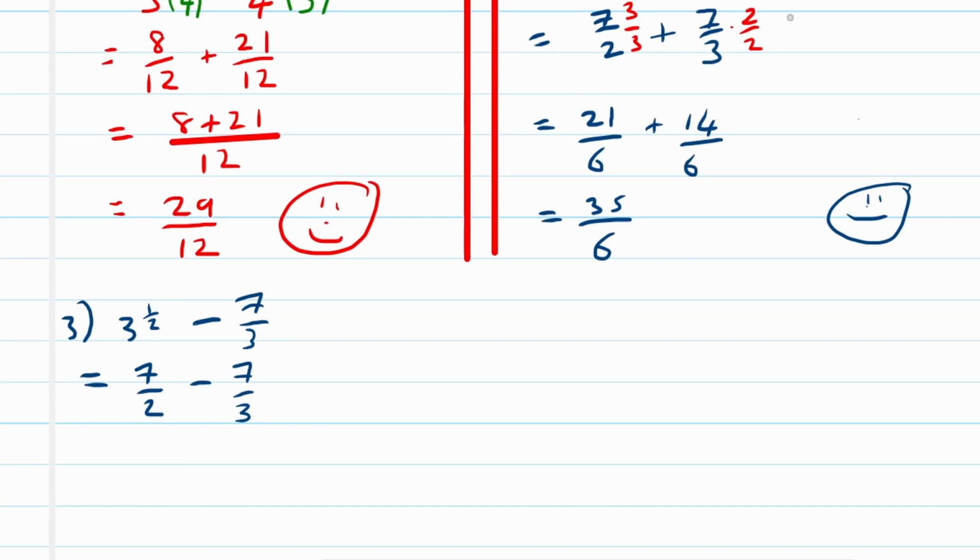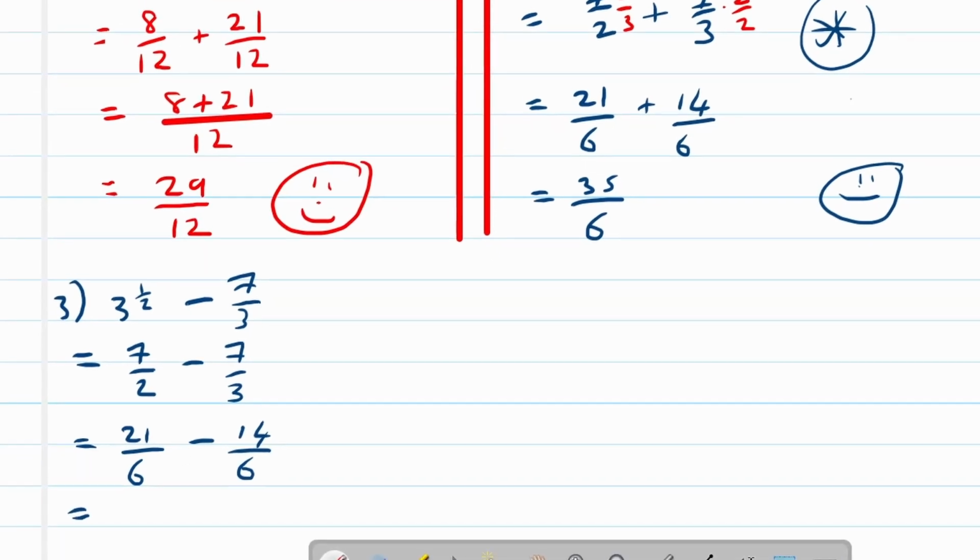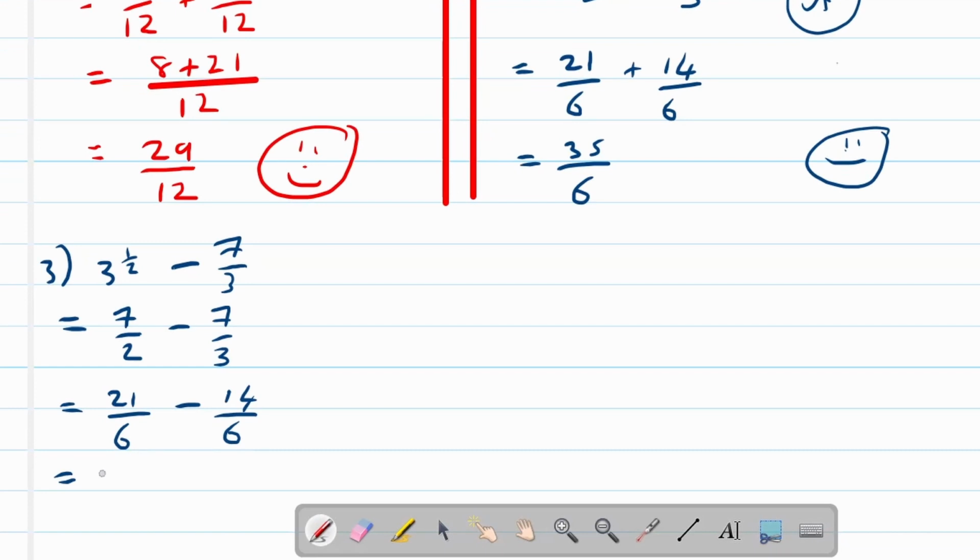And then, just like with example 2, it's basically a repeat of example 2. I'm just subtracting them. So now this will become 7 times 3, which is 21, and 2 times 3, which is 6. So it's 21 over 6 minus 14 over 6. Again, it's a repeat of these numbers. And then 21 minus 14 is equal to 7. 7 over 6.